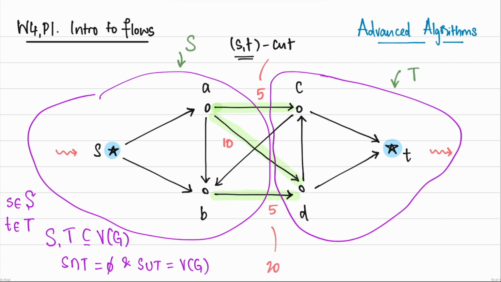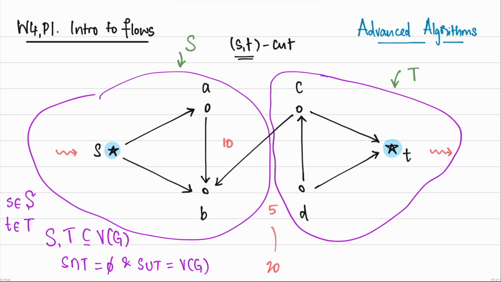And notice that all the flow that you push from S to T intuitively must cross this cut, because if you were to delete all the edges that belong to the cut, so that's what we've done here. So here's the network with the edges that belong to the cut removed, and now you can see that once you do this, there is no ST path whatsoever.